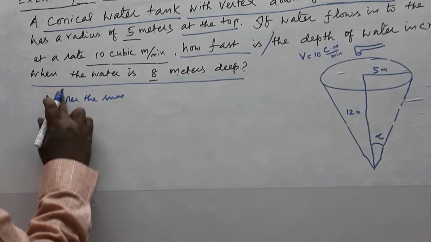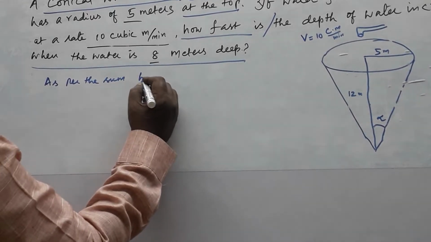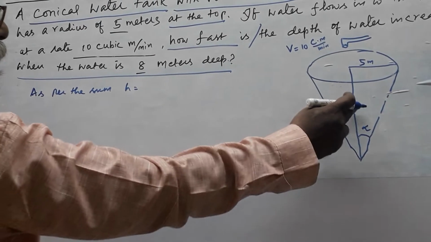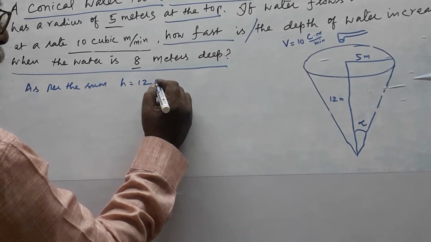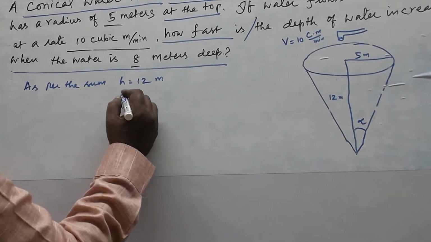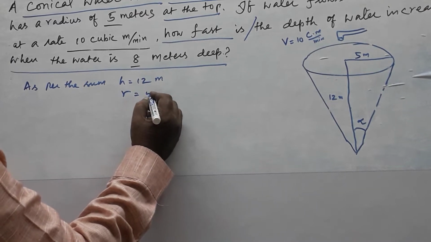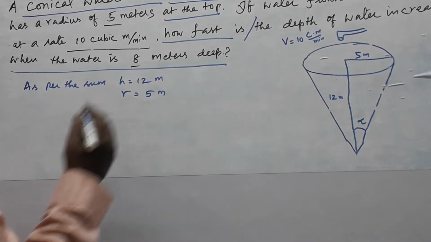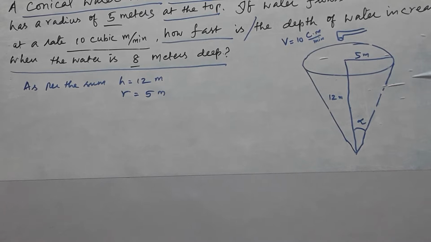As per the sum, the given value h is known, called 12 meters. Are you clear? And the radius r is equal to 5 meters. This is also given.